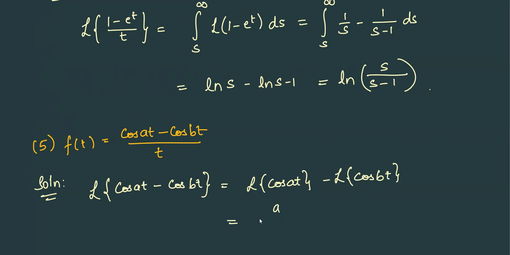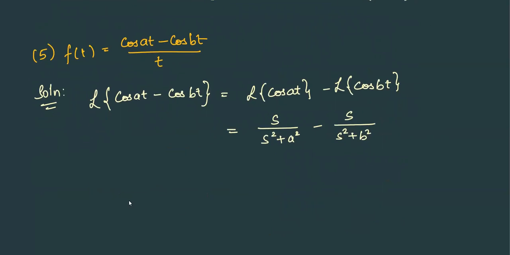This is s by s square plus a square minus s by s square plus b square. Now I need to find the Laplace transform of (cos at minus cos bt) upon t.